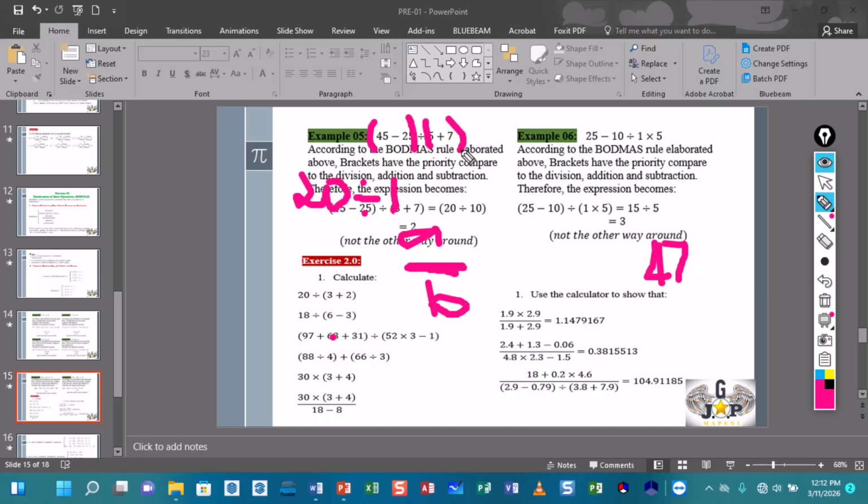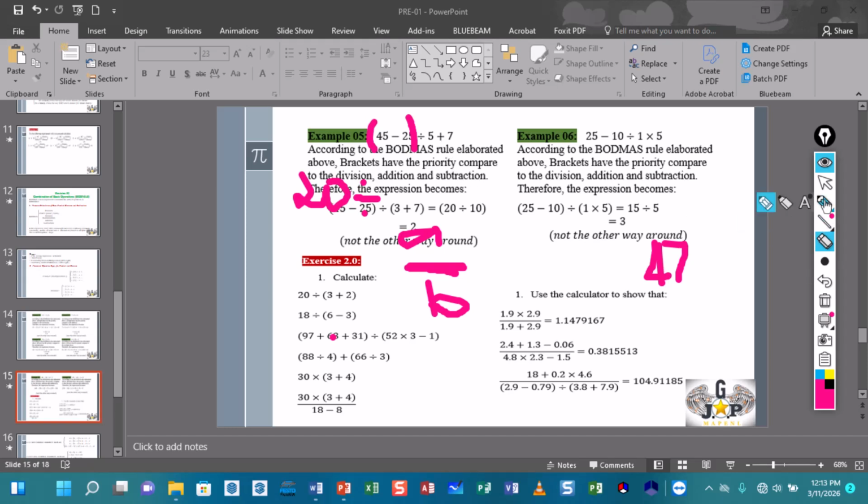Is it 5? Let me look at it. I think there's a little mistake, because here I'm seeing... oh, it has to be 3. I made a mistake here. It is 3 plus 7, not 5. Please bear with me.